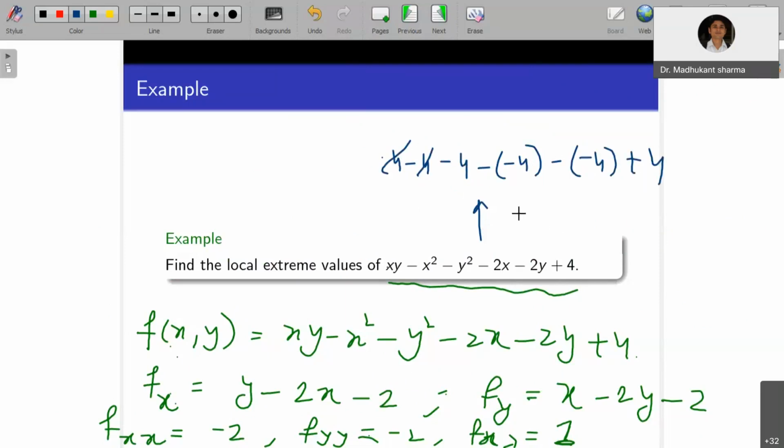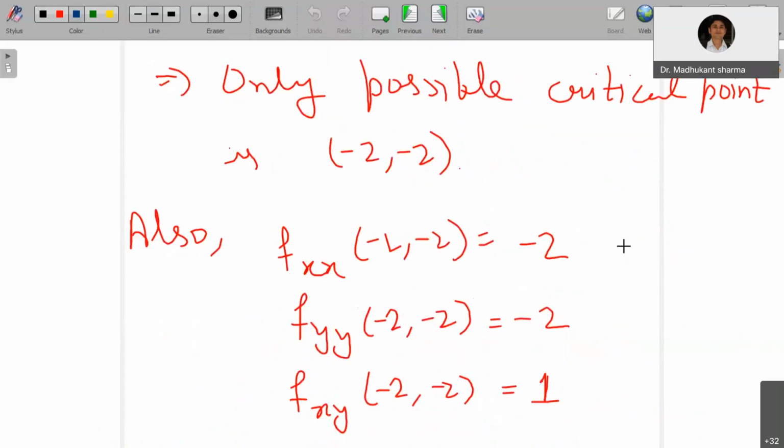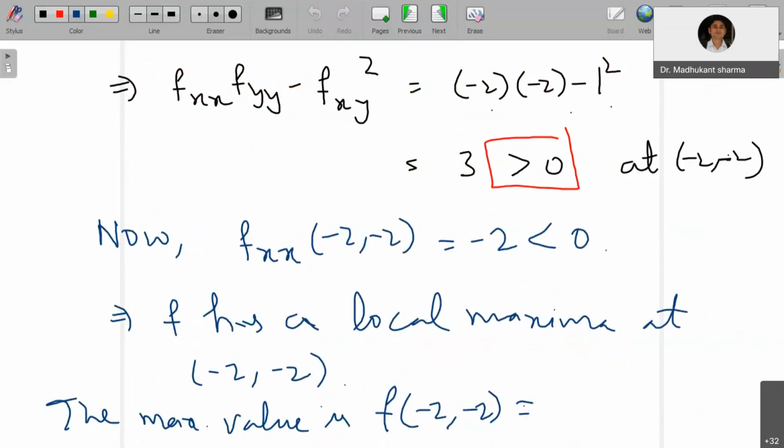So the 4 and minus 4 cancel, and the remaining terms are plus 4 and plus 4, which is 8. So the maximum value of f at minus 2 minus 2 is 8.